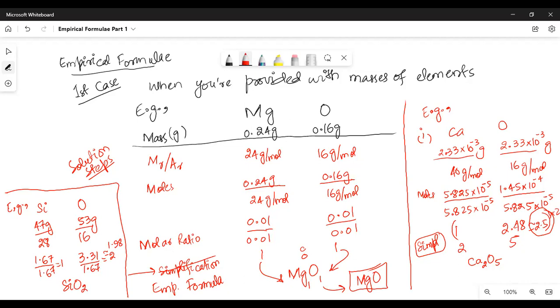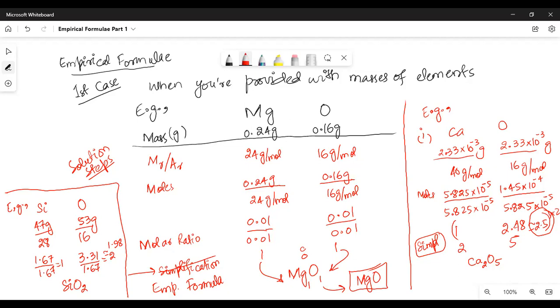That's how it works. And if you get something in between, 2.4, 2.5, 2.6, 2.3, you can't round it off. You need to simplify it by multiplying with a suitable number to get the answer.